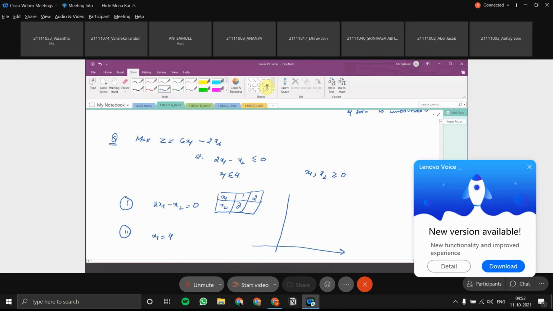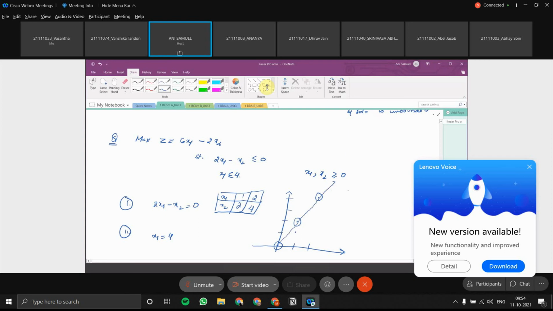Yeah, 0, 0 is one that we can easily take. Clearly, there is one point that is passing through 0, 0. So it is 1, 2, sorry, and 2, 4. So your line goes something like this.